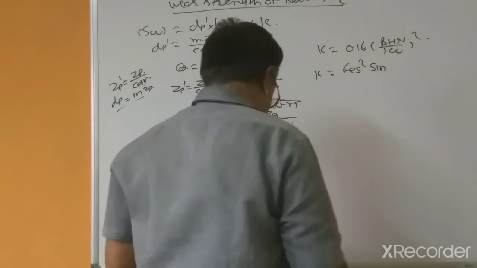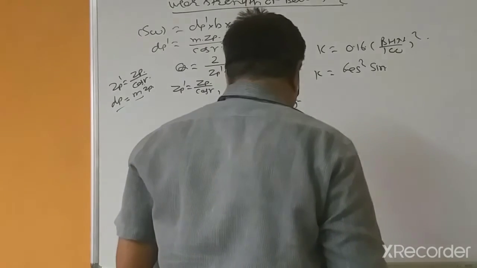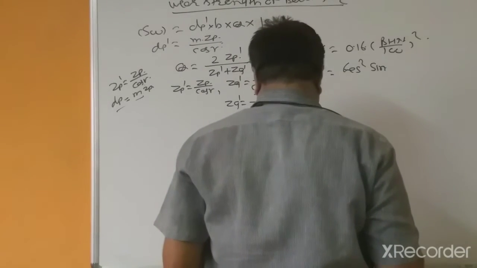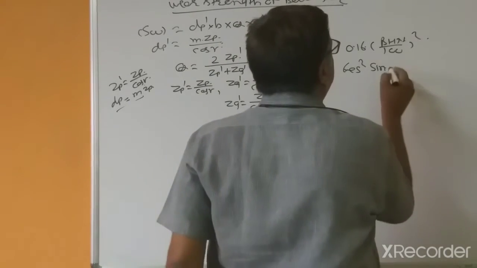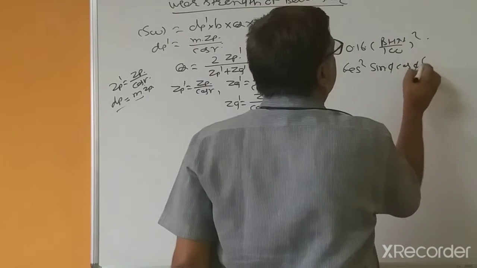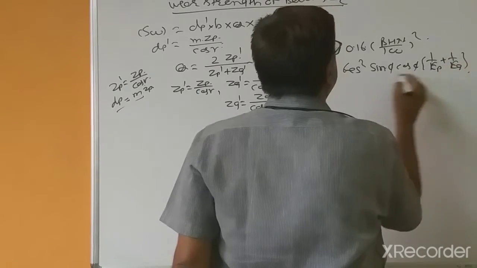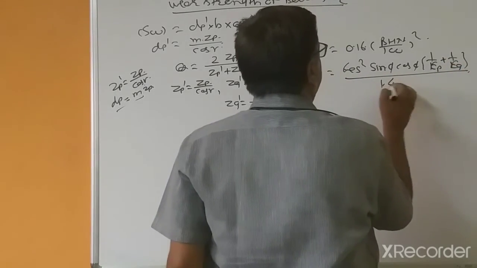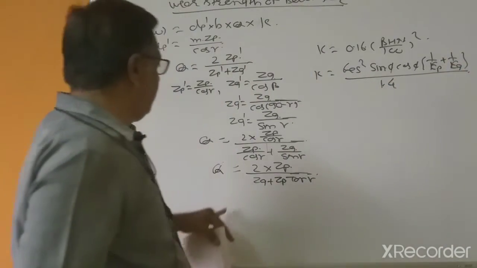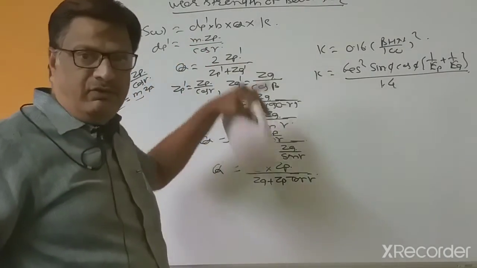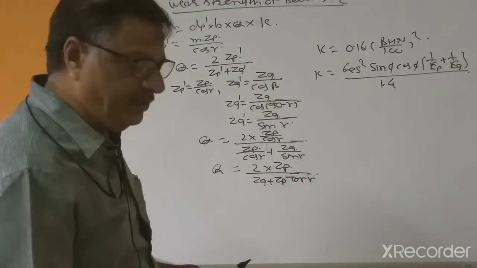Sine phi cos phi, 1 divided by EP plus 1 divided by EG, divided by 1/4. So by using these equations you can calculate the wear strength of the bevel gears.